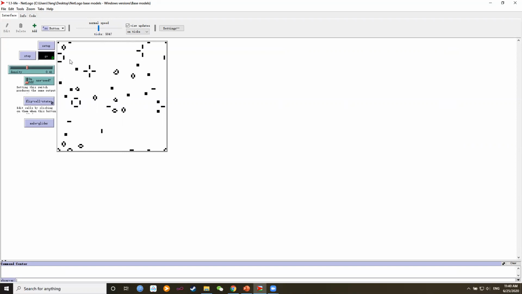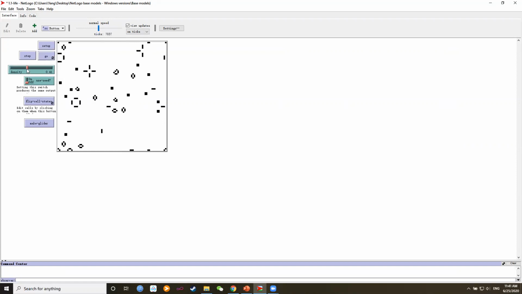Area 1, area 2, 3, 4, 5, 6, 7, 8. And they do not intervene with other stable cells, live or dead. So this is how we simulate the real world using very simple rules.